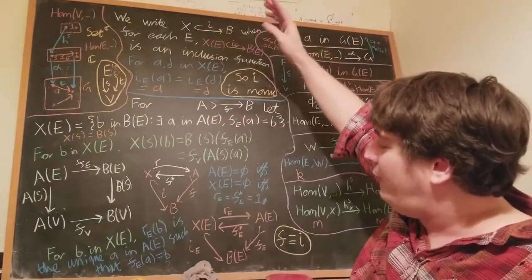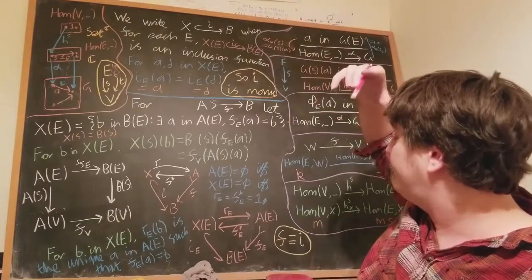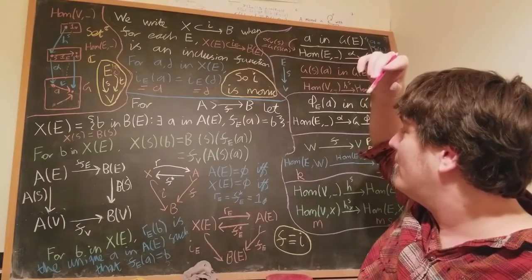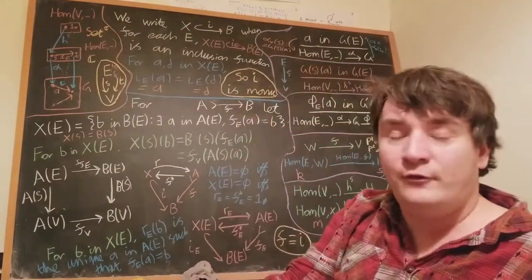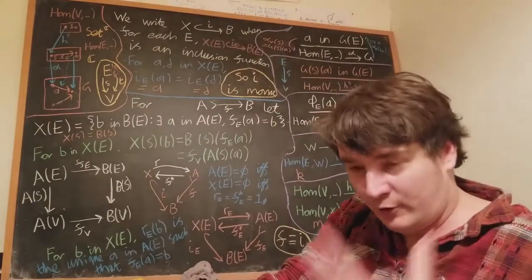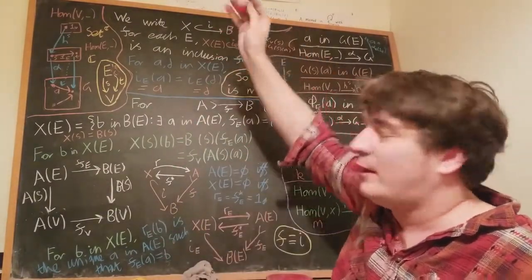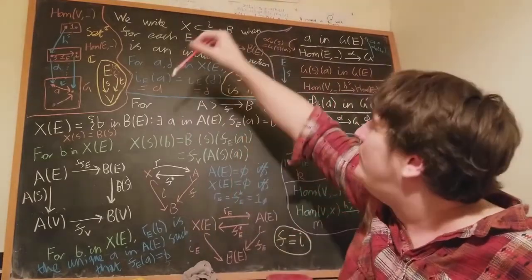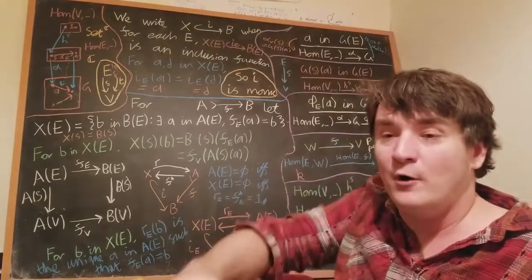Well, the point is that every monic in this category from C to Set is actually equivalent to one of these inclusion monics, these monics that have each of their components as an inclusion function.